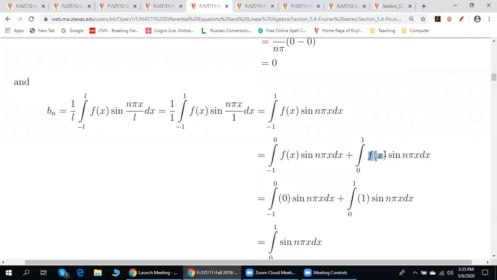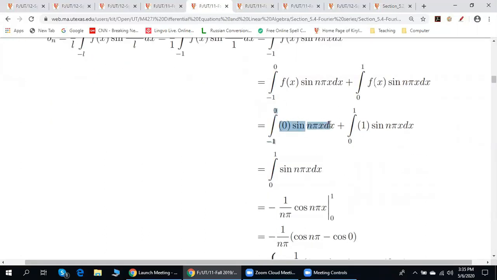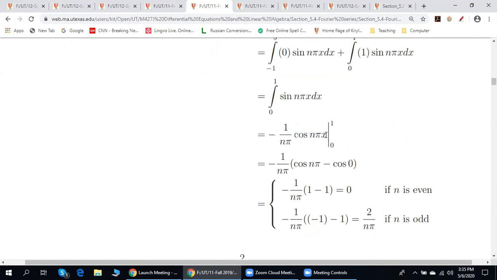We replace f of x by 1 here. This integral is equal to 0. 1 times sine is sine. By u substitution, antiderivative of sine n pi x is over here. We plug in 1 instead of x, done. We plug in 0 instead of x, done.